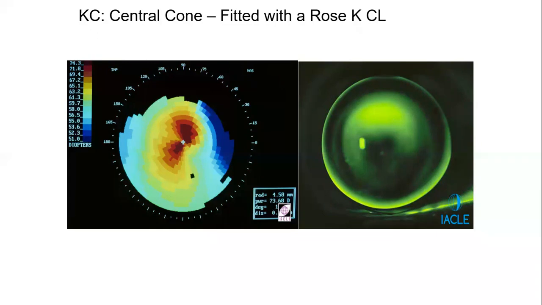We are seeing that the cornea is steepening in the center, and the other thing we are noticing here is an asymmetric bow tie pattern. In the superior it is steeper, inferior it is less steep, and the axis is radial or skewed. So this is again the characteristic feature of a keratoconus cornea.